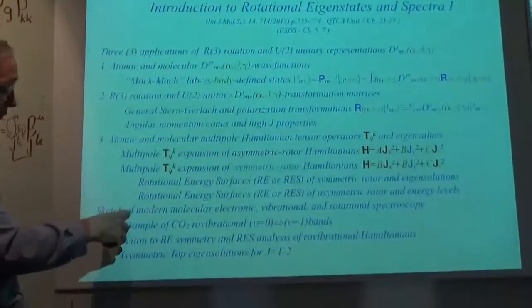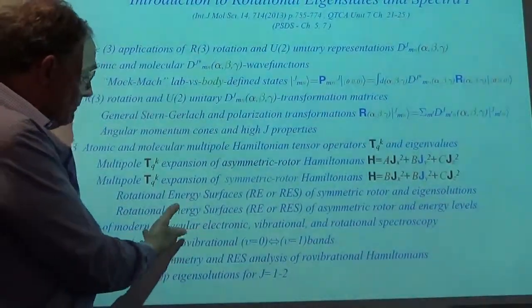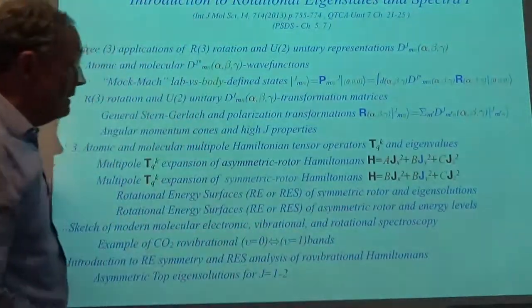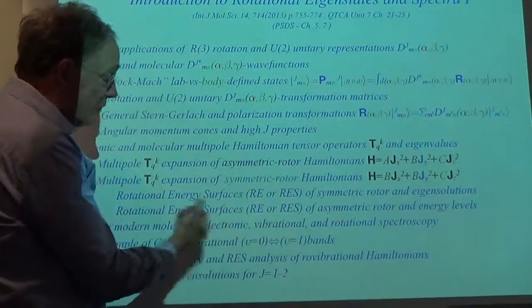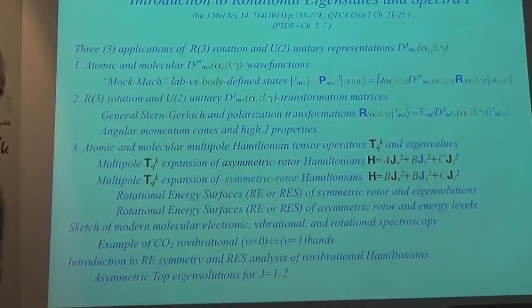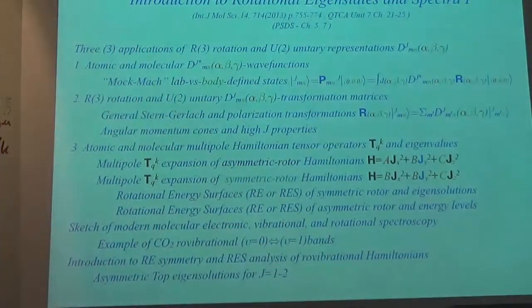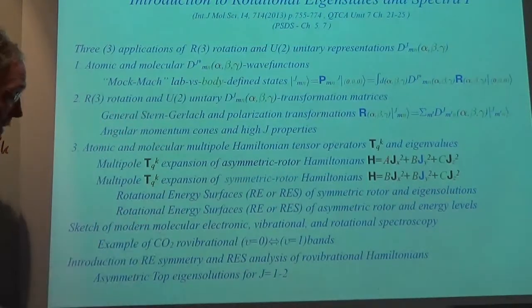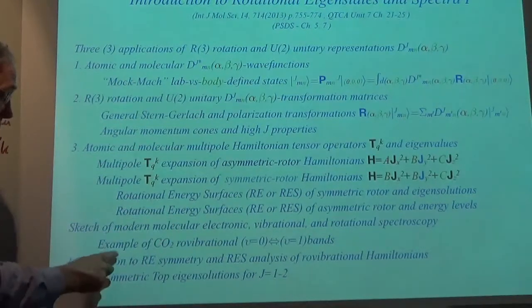And then I hope we get to a point where I can give you a sketch of the symmetry analysis in modern electronic, vibrational, and rotational spectroscopy, a lot of which includes vibration and electronic structure of solids. The solids don't rotate, so they get to avoid that problem. We are taking care of the rotation very elegantly in what comes all the way through this lecture.